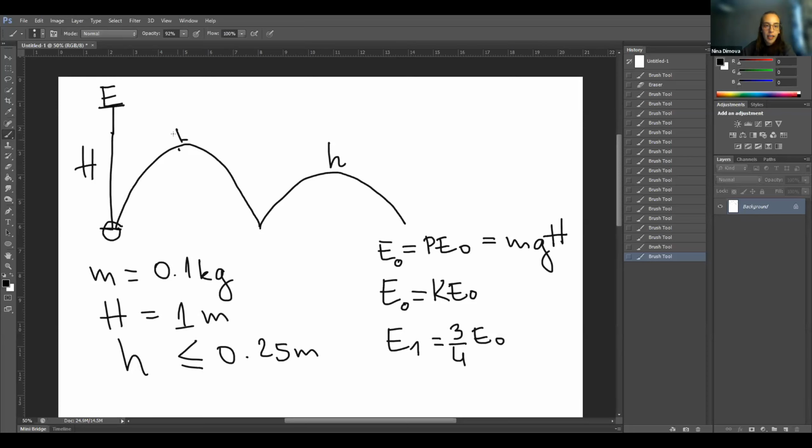So here it will only have potential energy 1, and this potential energy 1 will be our 3/4 of the initial energy. So overall, what this process looks like is that it comes with some energy, loses a quarter of it, reaches a new height with 3/4 of that energy, comes down, loses 1/4 of this new energy, and so on and so forth.